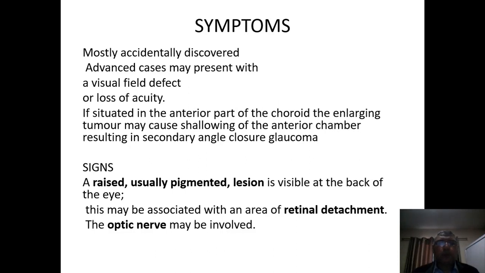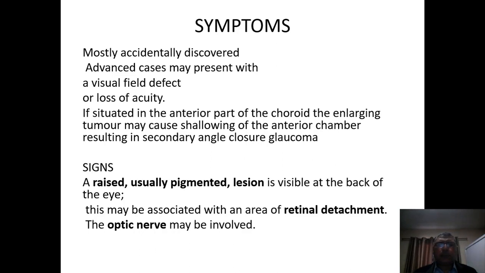Symptoms of malignant melanoma of the choroid: loss of visual acuity, visual field defect, but mostly it is discovered accidentally, because it usually occurs in an area away from the central posterior pole.